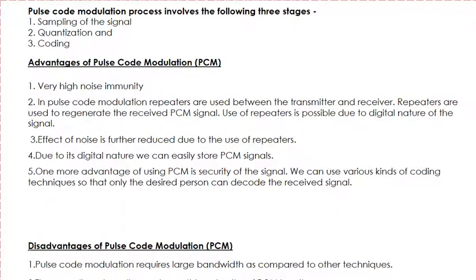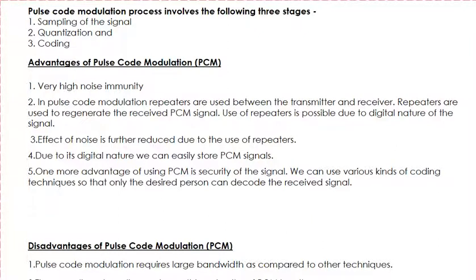So in pulse code modulation, repeaters are used between the transmitter and the receiver. Repeaters are used to regenerate the received PCM signal. So the use of repeaters is possible due to the digital nature of the signal. And this is an advantage of your PCM.